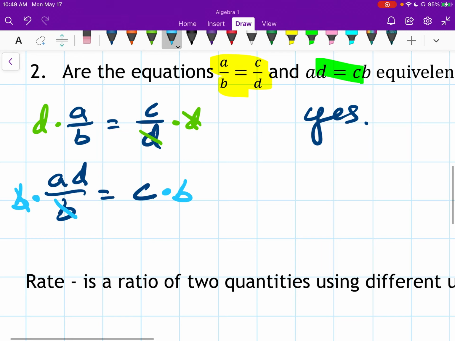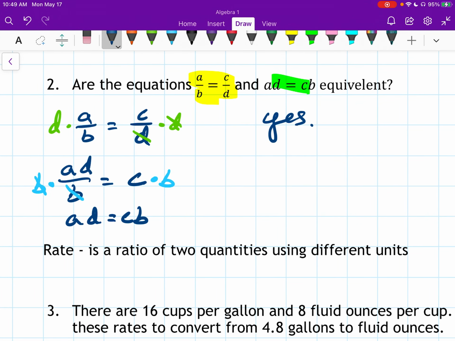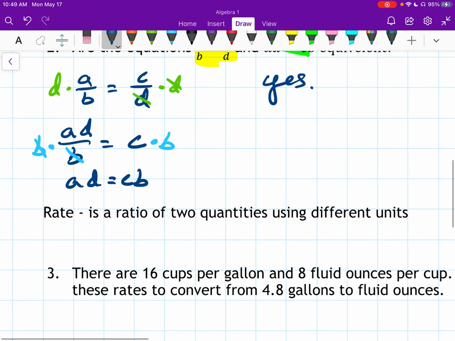On the left they cancel, and I'm left with AD equals CB. What I just showed you is the long way around of what we did really quickly with the butterfly method, or whatever people like to call it. So the equations like that are equivalent.